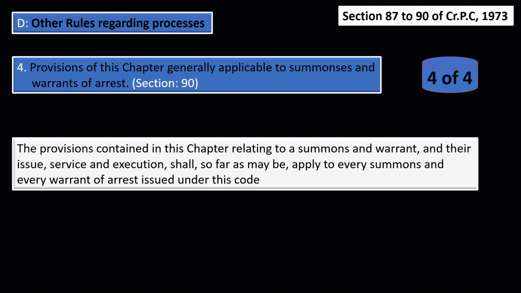It is just giving information to us that under this code, where any service of warrant or summons is to be done, it is to be done only as per the provisions given under this chapter.